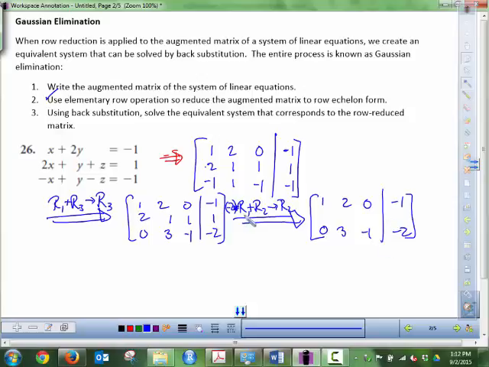So what happened to the second row? I multiplied the first one by negative 2 and added it to the second, and so that's negative 2 plus 2 is 0. Negative 2 times 2 is negative 4, plus 1 is negative 3. Negative 2, there's nothing there, plus 1 is 1. Negative 2.